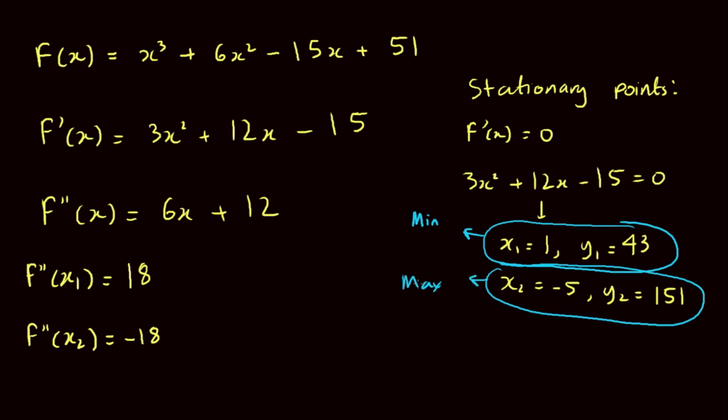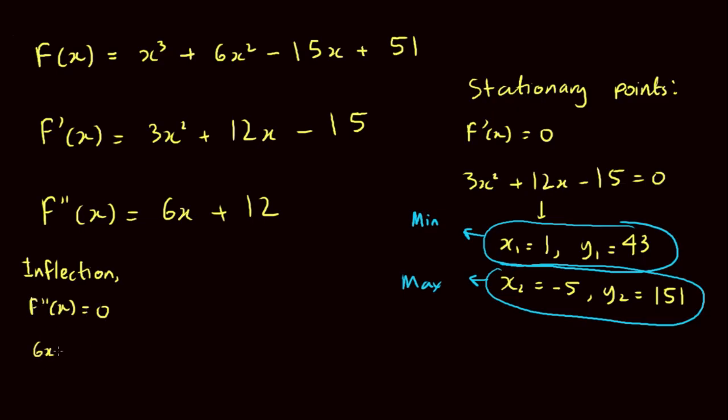Now, of course, we want to find the inflection point here, so I'm going to erase this. To find the inflection point, we know that f double prime x equals 0.